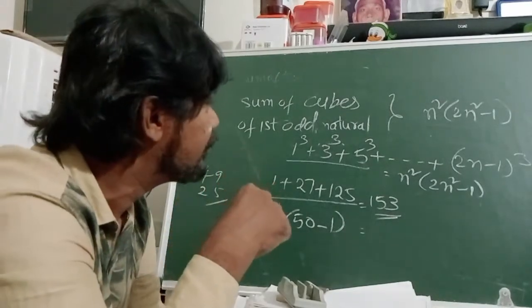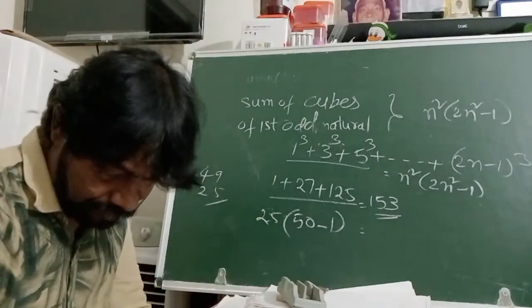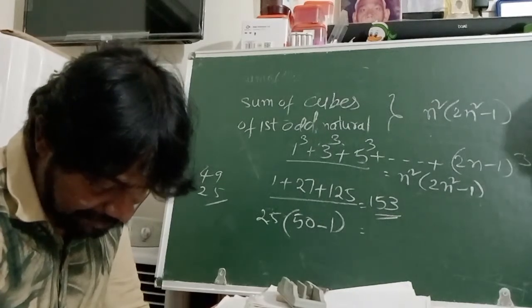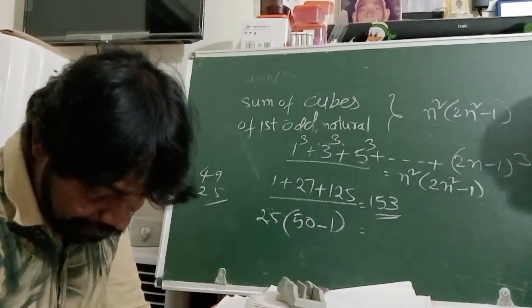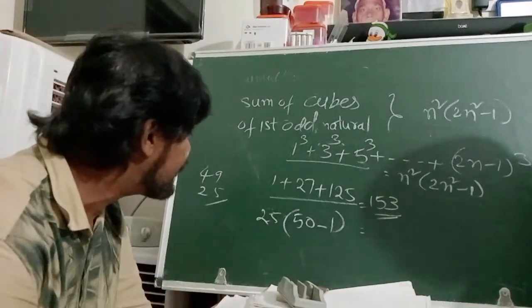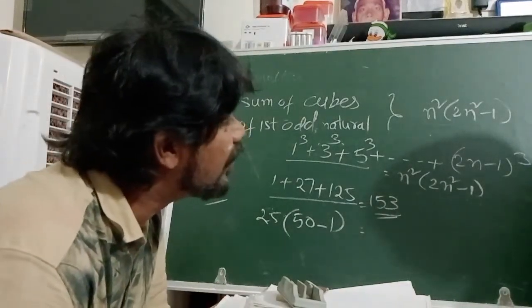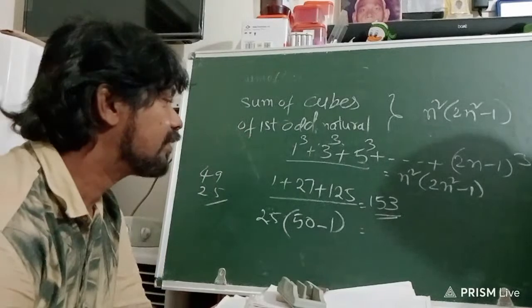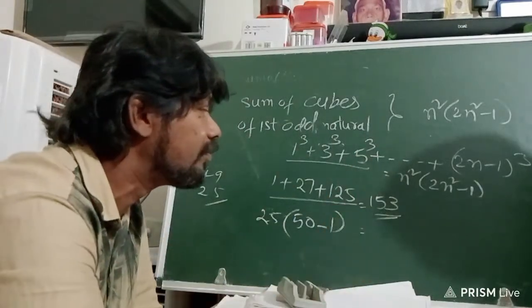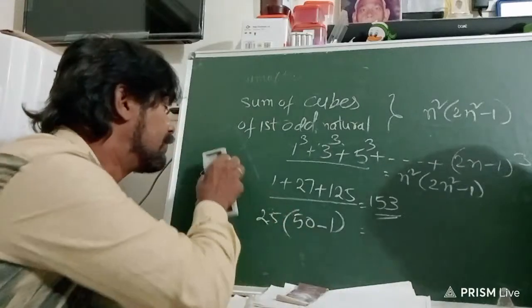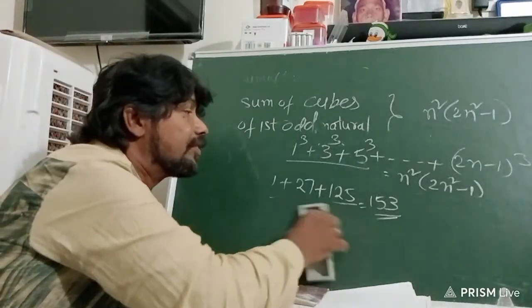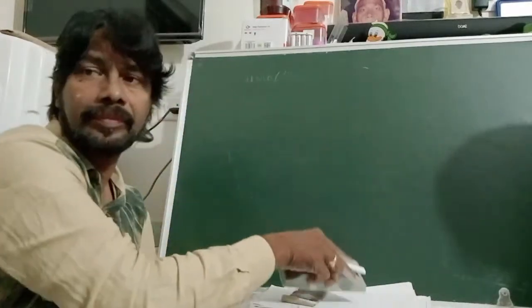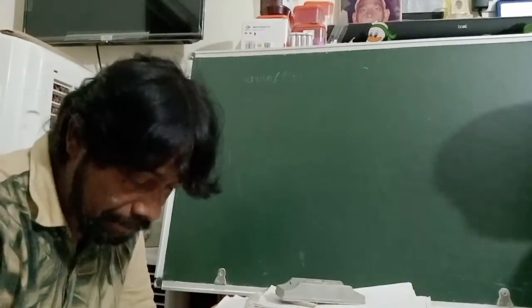So n square into 2n square minus 1 is 9 into 17, 153. Okay, we will observe it. We will see this again.